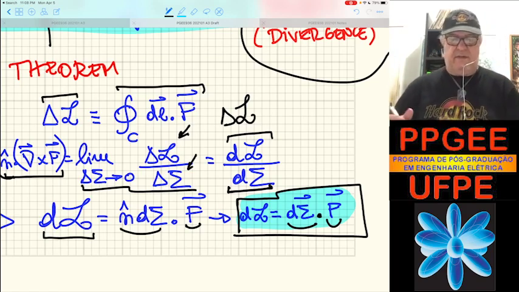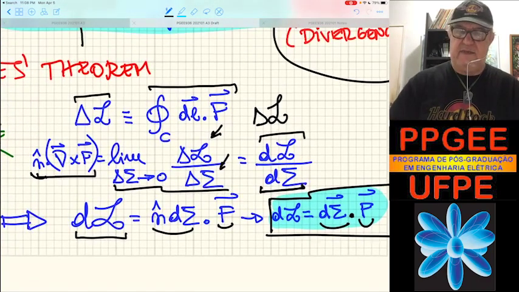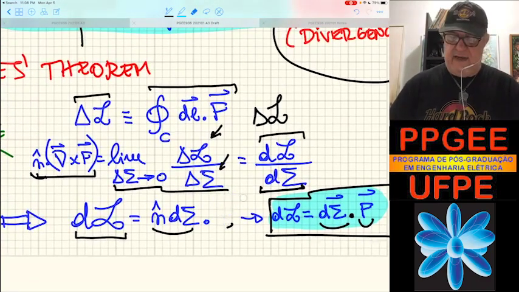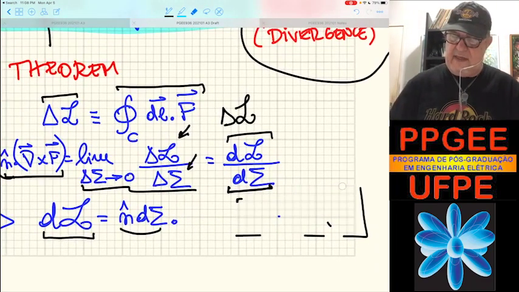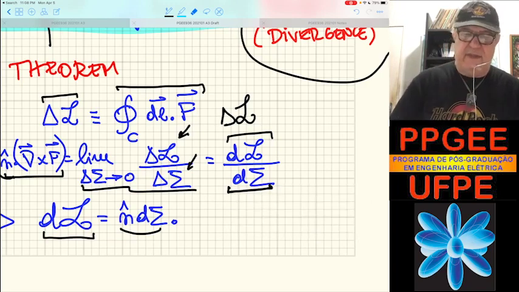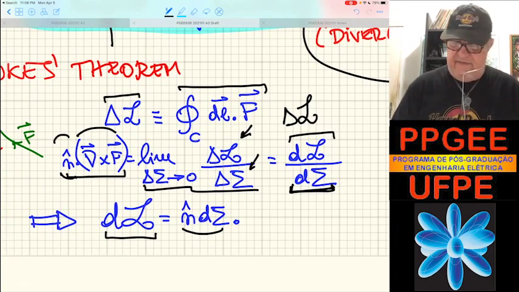This is wrong here. We forgot. Let's do it right here. Let me just erase here. Please correct the class notes. We have some small typos here. Here it is delta sigma times n dot curl of F, right?